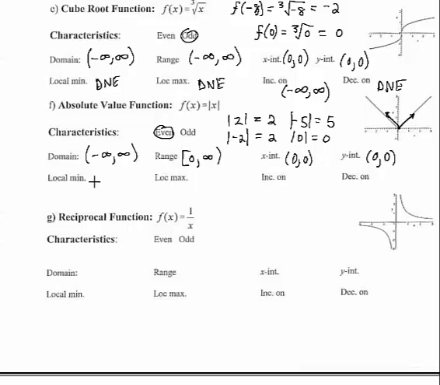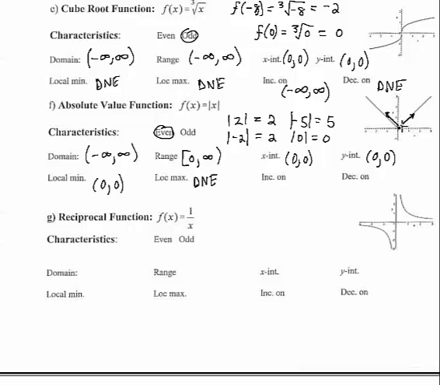Local minimum, well, we hit a bottom at the origin. If you're standing on the origin and you look left and you look right, then both immediate sides of the curve would increase. So there is a local minimum at (0, 0), and as far as the local max, there isn't one.